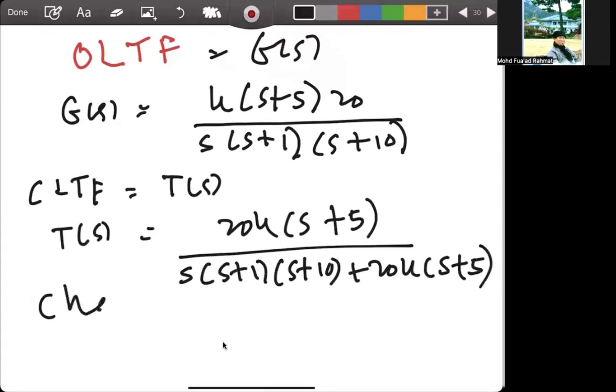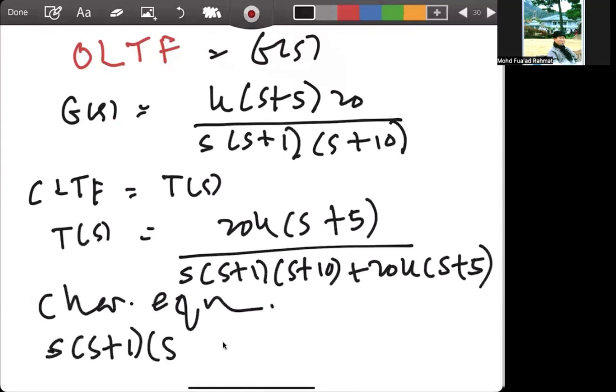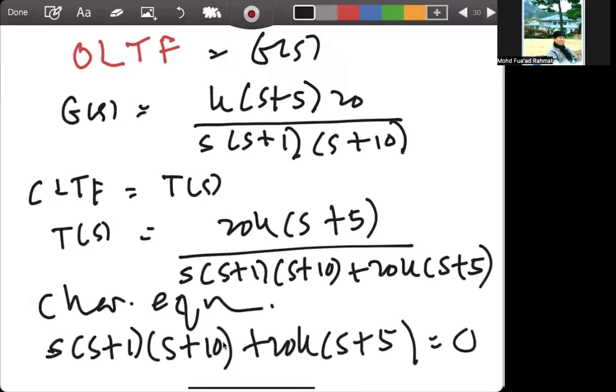And find the characteristic equation, set it equal to 0, and simplify.